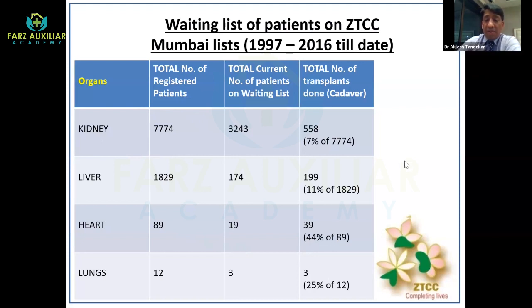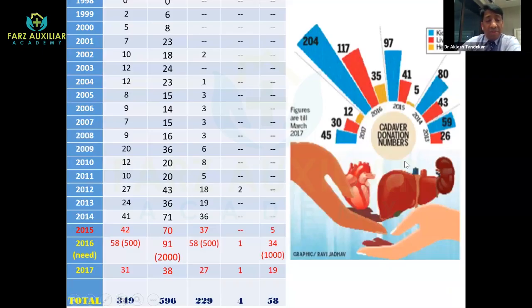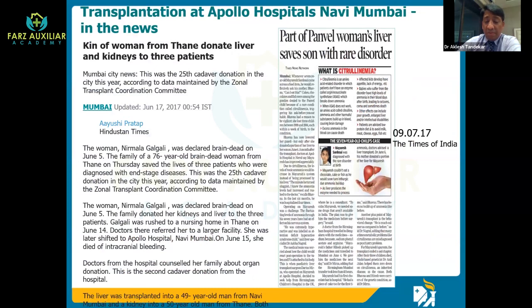But for that, we need to have a robust system. There are zonal transplant committees and state level committees which bring awareness among clinicians and conduct programs in the form of CMEs and scientific programs. Reaching out to the community and to bureaucrats and administrative people is also very important, because many times the bureaucrats are not available or the police is not available.